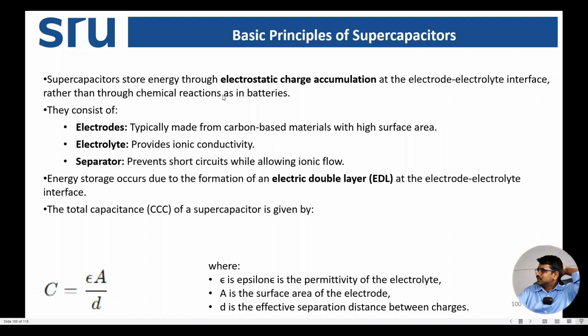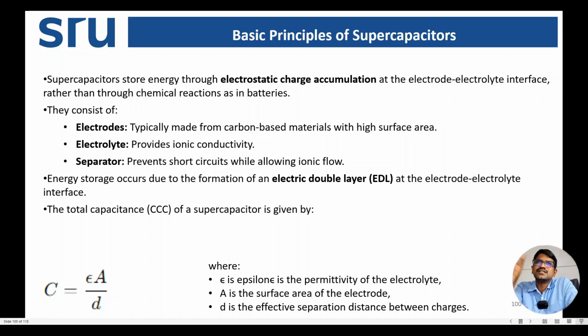In batteries there are chemical reactions, such as lithium to lithium ions, or tin going from Sn2+ to Sn4+.